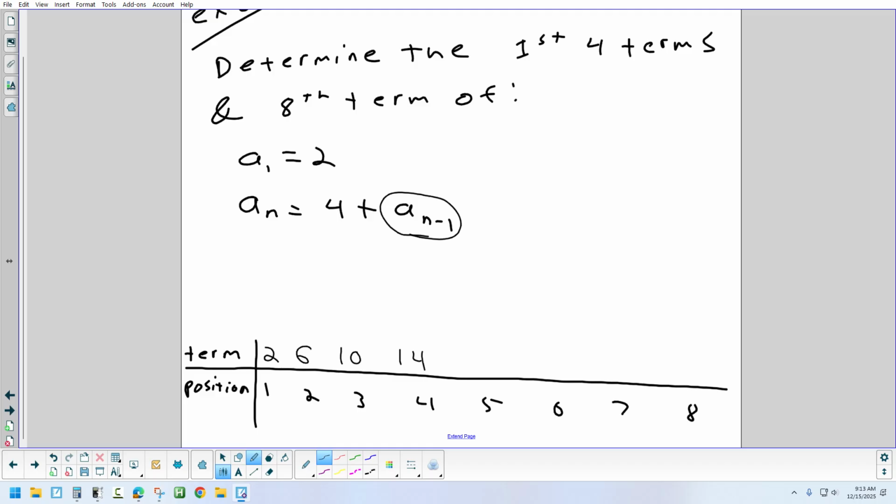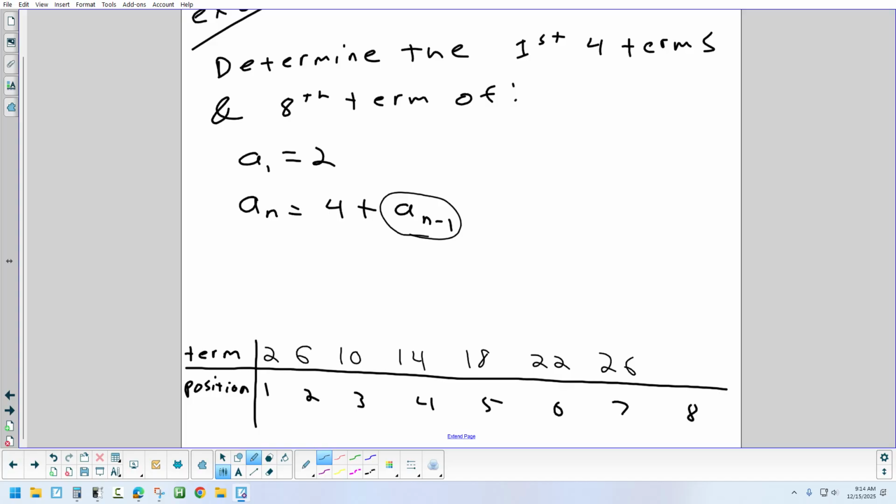Now we want to jump to the 8th term. In a recursive formula, can we jump to it? No. Even though they don't want the 5th, 6th, and 7th, we need to find the 5th, 6th, and 7th. So what's the 5th term? 6th term? And 7th? Okay, now if we made any mistakes in there, the 8th term is probably going to be wrong.